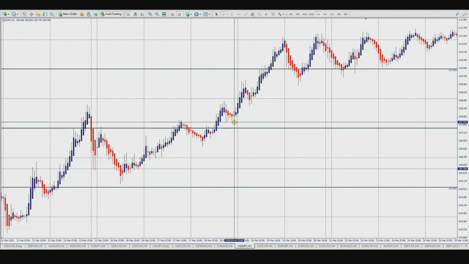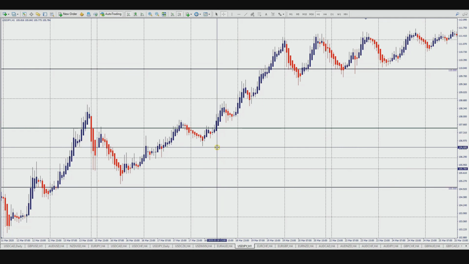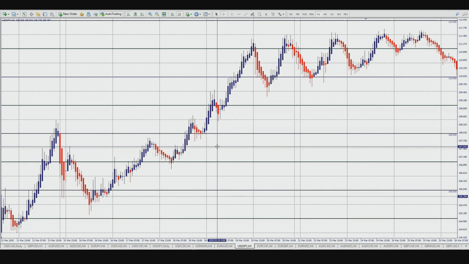So this may be a good place for your stop loss, but I will make it a practice to put my stop loss behind the swing low or swing high of the previous day, week, or month, depending on what I'm trading, right? And making money in trading, guys, it's not something that happens overnight. It's a slow process.